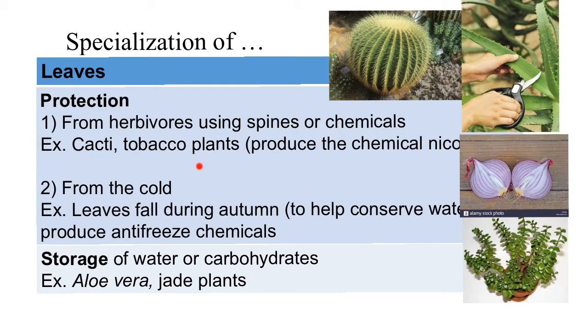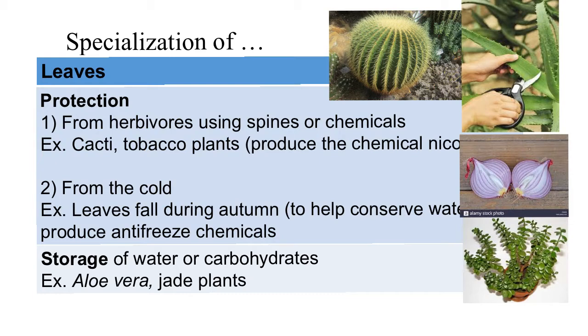Similarly, the tobacco plant produces the chemical nicotine, which tastes gross, and again, protecting that tobacco plant from being eaten. Another way that leaves can be specialized for protection is to protect the tree or the plant from the cold. Now, as you may know, leaves fall during autumn, and so this is a particular specialization of leaves in order to help conserve water.